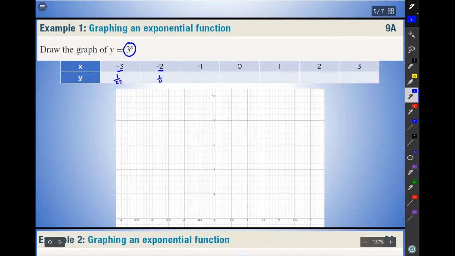I've already done these, so I'm just going to fill it in. Oops, sorry, that's a 3. So it'll look something like that. And then you just fill the points in on your graph. At 0, we're at 1. At 1, we're at 3. At 2, we're at 9.